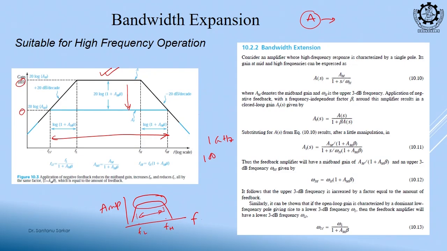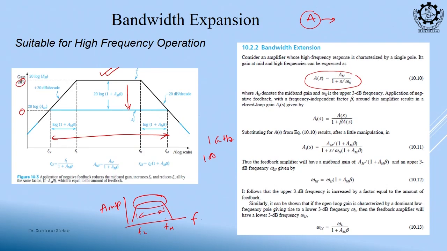If we have an R and C, what is the equation? Something like that. Some j omega term will come, and that j omega you can replace with Laplace S. So this A we replace with A by 1 plus S into some omega factor. This omega might define my cutoff frequency, and we will put this into the A by 1 plus A beta form.